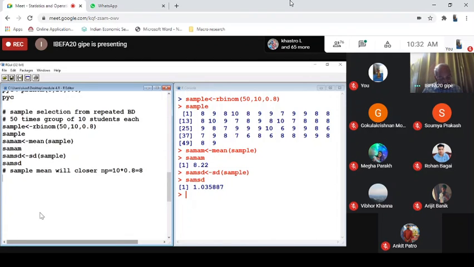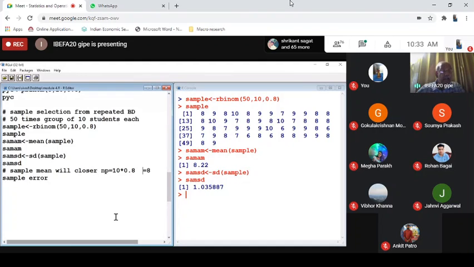Really, what I say, exactly 8 may not be possible. Yes, sir, I got that. But sir, my question is the sample mean will be different because we have different samples. If you get exactly 8, it is okay. So will the sample standard deviation also be different from sample to sample? Let us wait, let me complete.